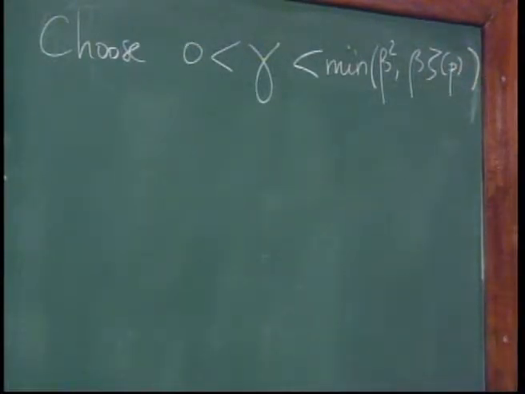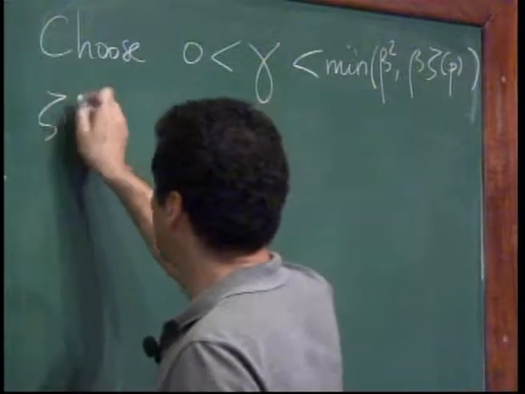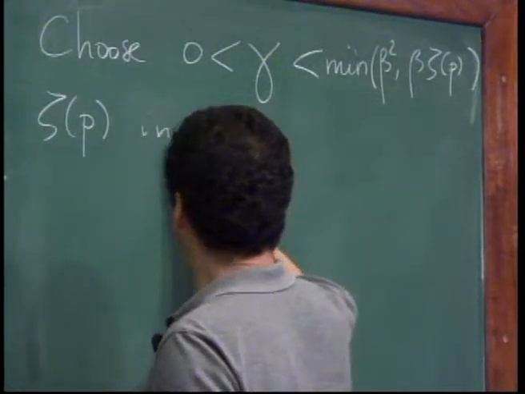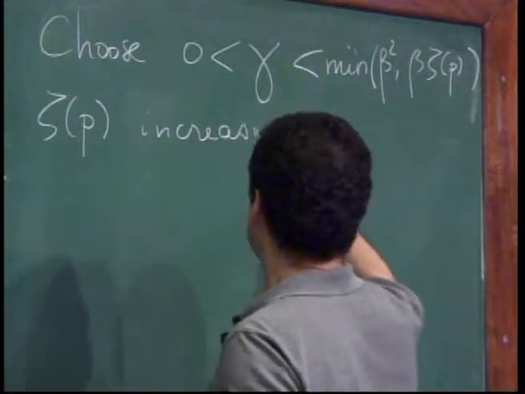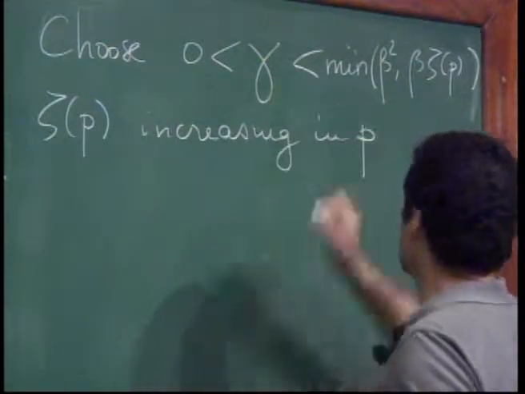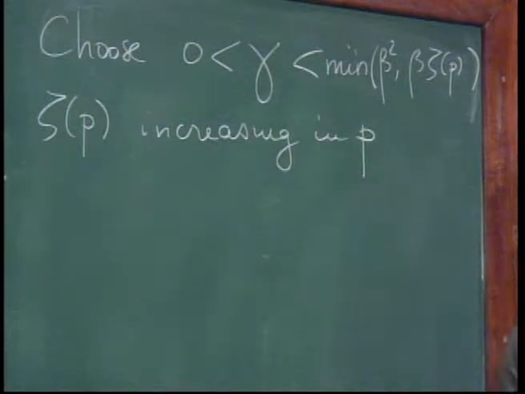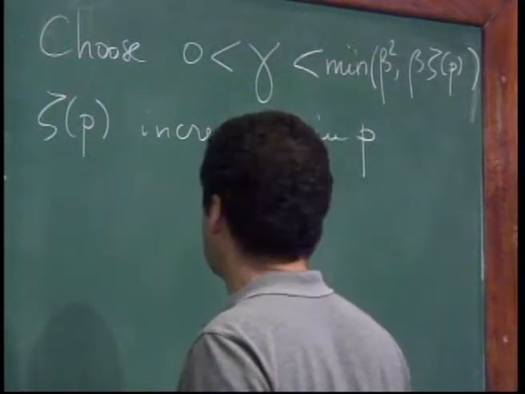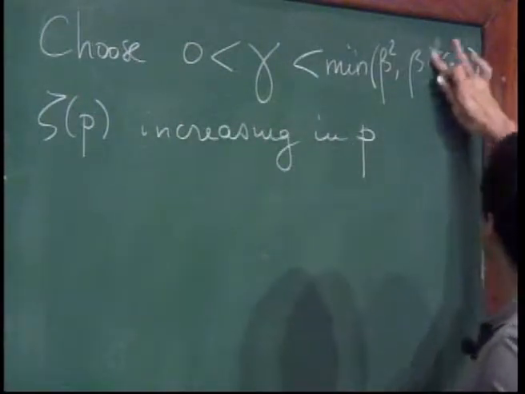This zeta of p is an explicit function of p, which is increasing in p. It's explicit. I don't want to write what it is, but you can compute it. It's a number depending on p. And I should not call it zeta, zeta was something else. C of p.